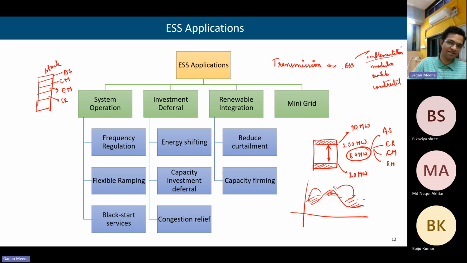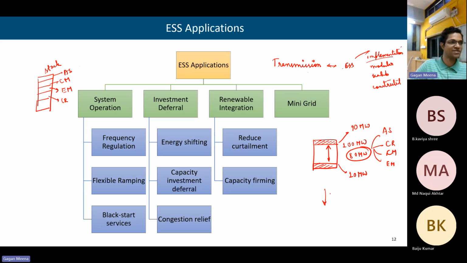So we are shifting the energy from one time to another, and in effect what we are trying to achieve is a flatter load curve, a flatter load profile.